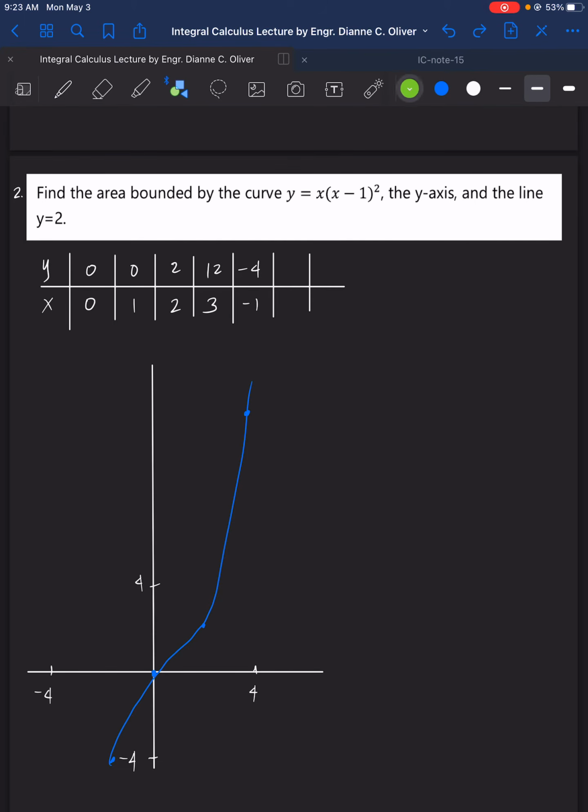Okay, so we have here the boundaries. The line is y equal to 2. The curve is y is equal to x times x minus 1 squared, and the y-axis. So the area to be considered is this portion here.